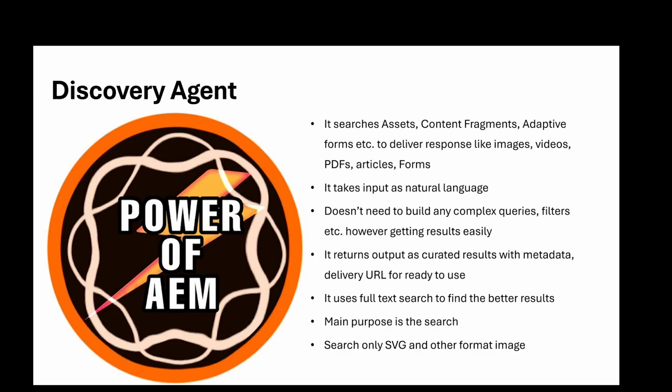This agent helps us find assets. An asset could be any type: a content fragment, experience fragment, adaptive form, video, image, PDF, article, or any other content which is available under your digital media hierarchy.